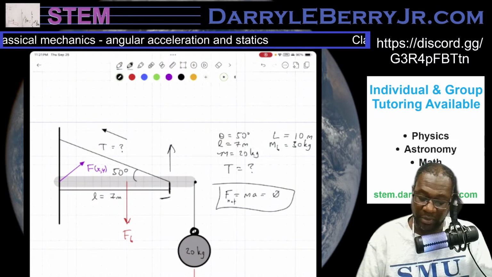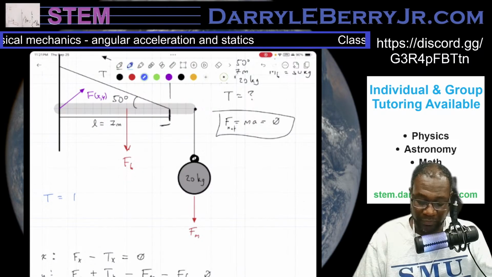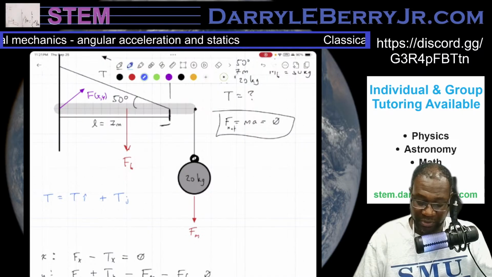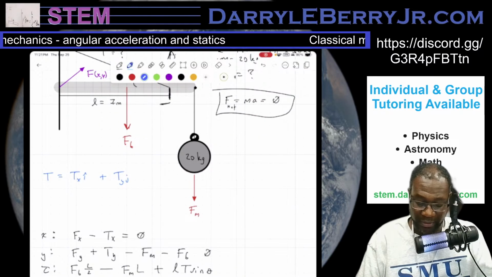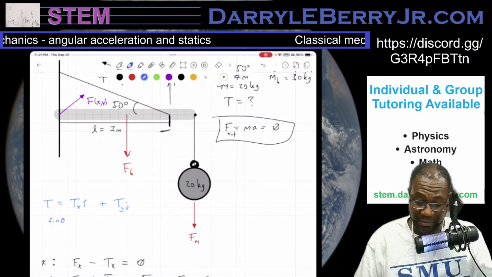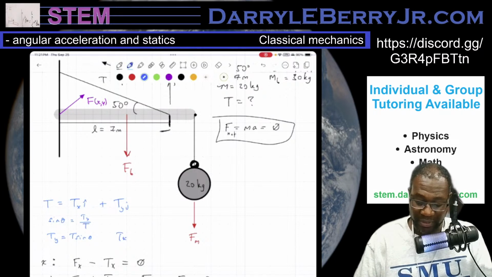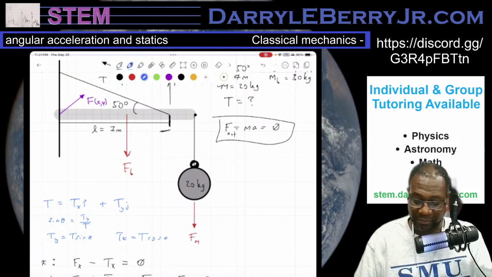Let me actually put that elsewhere, since I erased it down there. So we have T equals Txi plus Tyj, and sine of theta is Ty over T. So Ty equals T sine theta, and therefore Tx equals T cosine theta.